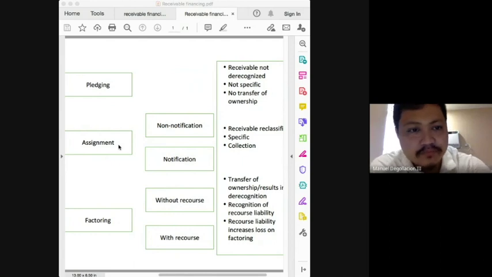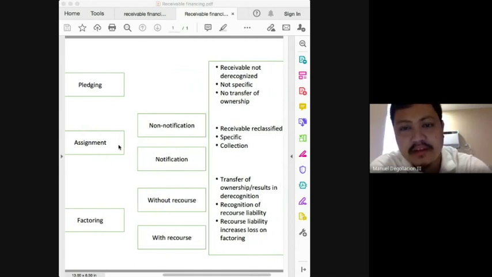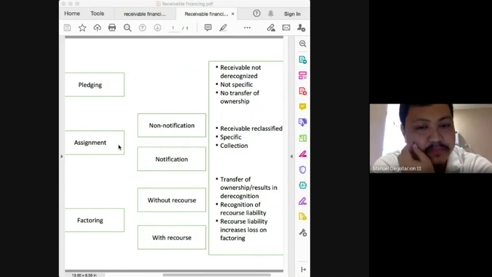However, for assignment, the receivable that is specifically designated or assigned to the fund provider will be reclassified. Our total receivables will be the same, just like in pledging. Your total receivables will not go down. In assignment, total receivables will also not go down. However, the receivables that are assigned will have to be reclassified.